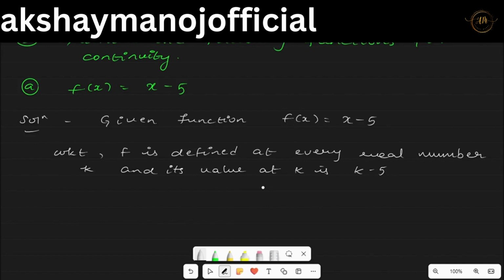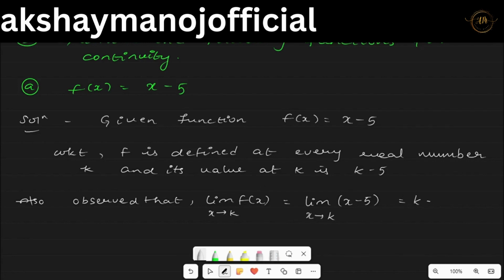Also observe that limit of f of x as x tends to k is equal to limit of x minus 5 as x tends to k, which is equal to k minus 5.